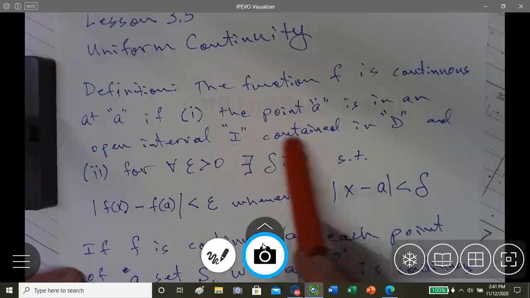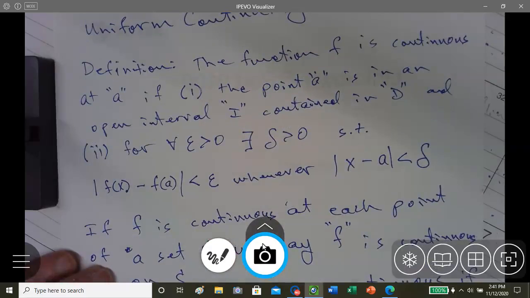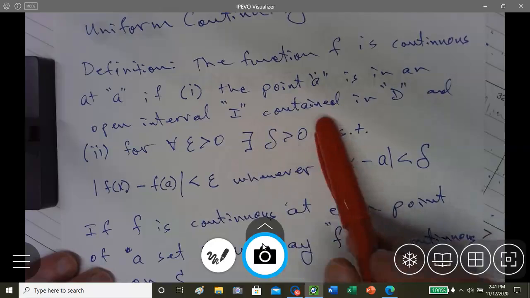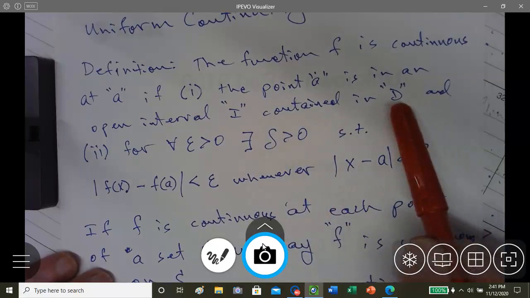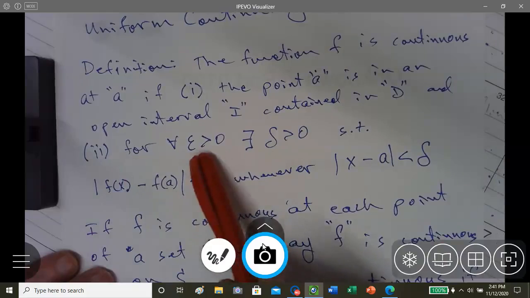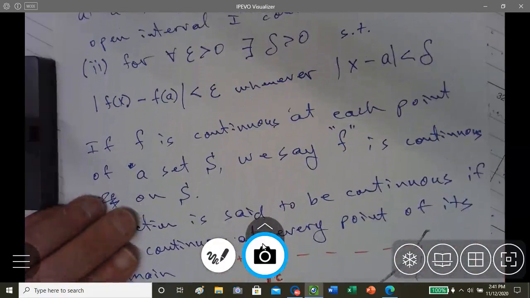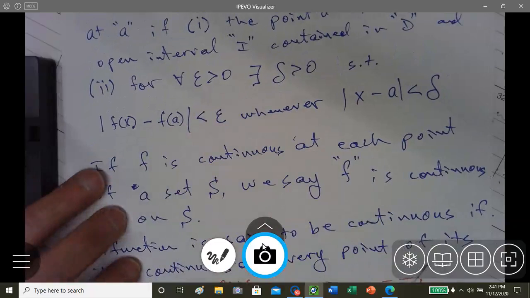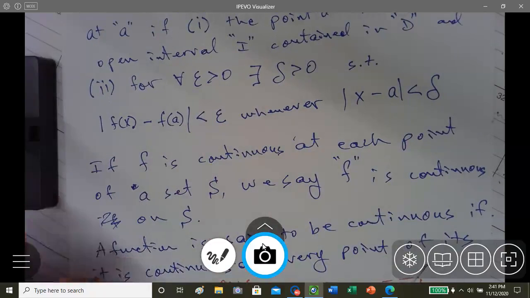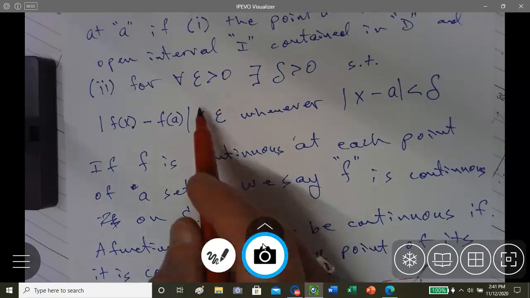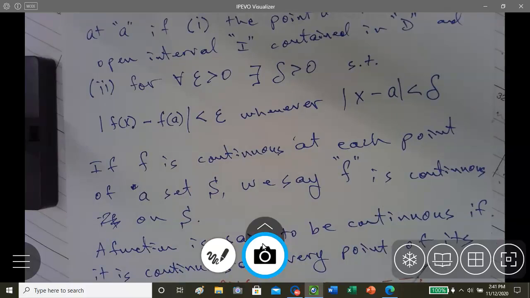I is our interval, contained in domain D, and for all epsilon greater than 0, there's a delta greater than 0, such that for some value x, f of x minus f of a is less than epsilon whenever x minus a is less than delta.